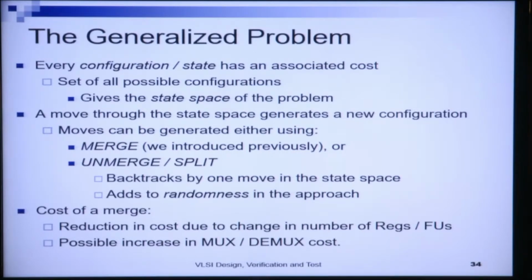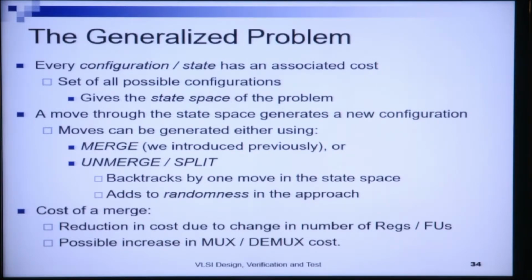That means that for this configuration with this merging of the different operation nodes and the different register nodes, I will have an associated cost in terms of the functional units required to allocate them, the actual allocations that I have made with respect to the operations, the actual hardware registers that I have used to implement the temporary variables that I have, and the number of muxes and demuxes that I will require for this. Now what is the cost of a merge?